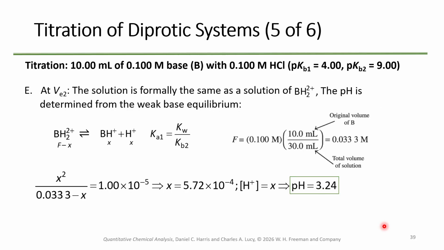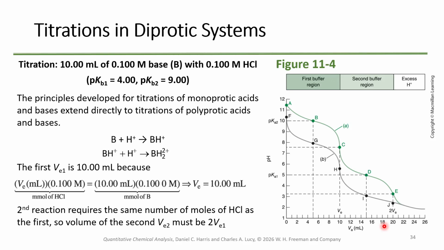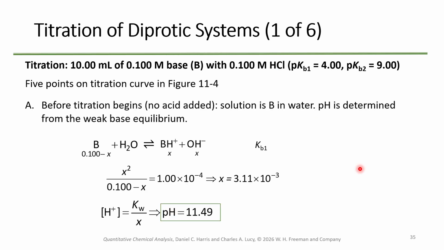Now, at D, if I go back up to D here, okay, notice it's down here, right? So this was that VE, right? This is after the VE. So we've gone past the VE now. We're at the region D. Okay?